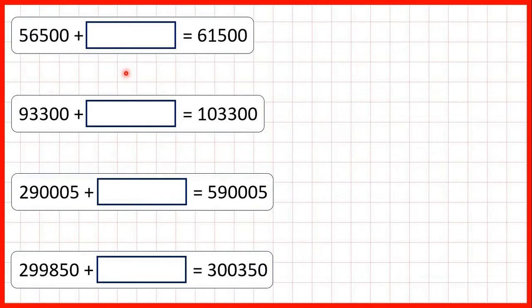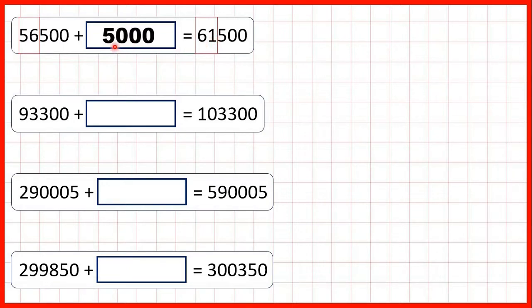Now we have some missing number problems for adding multiples of 100, 1,000, 10,000 or 100,000. So first, 56,500 plus what equals 61,500? Well, if we highlight the digits that have changed, this 56 has changed into 61, and 56 plus 5 is 61.